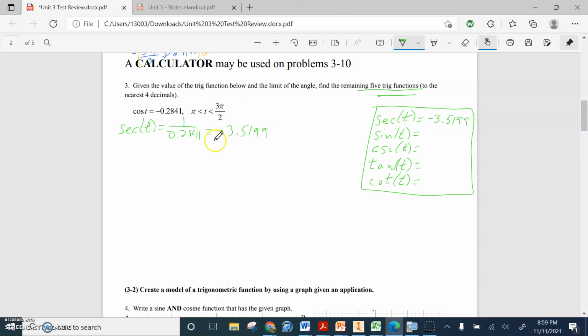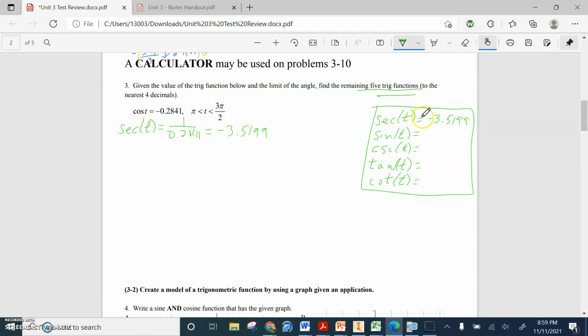Now, I did not bring this up at the very beginning, but this note here about pi less than t less than 3 pi over 2 is going to affect the answers, and I actually save the application of this bit of information till the very end. So I'll solve all these numbers, and because cosine was negative, secant will also be negative here.